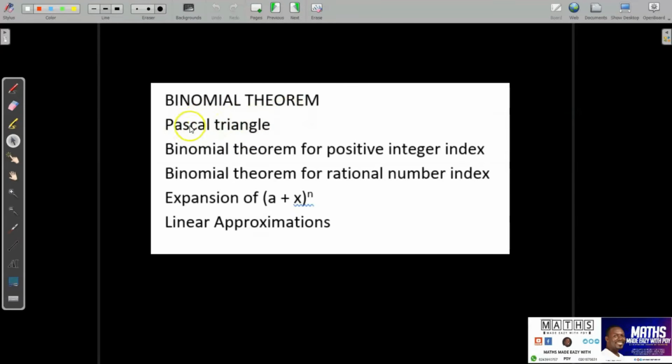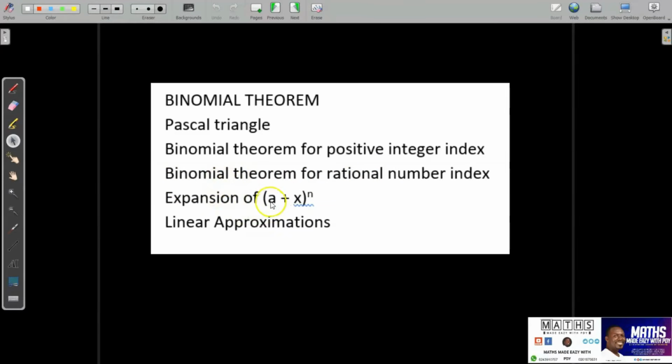So you must know something about the Pascal triangle. Then you must know the binomial theorem for positive integer index. You must also know the binomial theorem for rational number index, and binomial theorem for negative index.